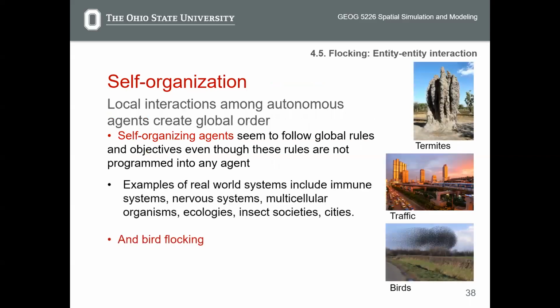Some examples here, right? Termites. Here is a nest, or a hive of termites. Each termite is just a small ant, and they are following simple rules. Together, they can build this relatively complex system and live within it.